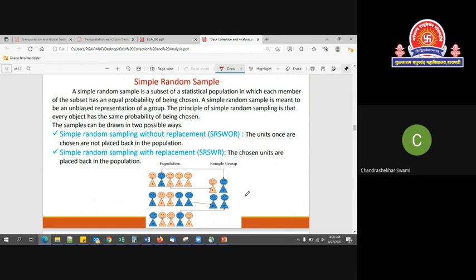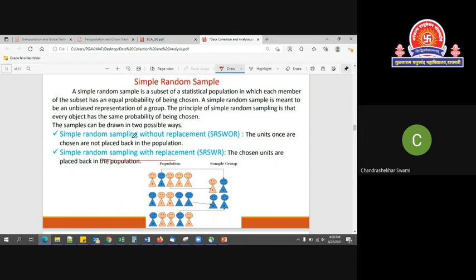We are not going to discuss this method here. Just consider that each and every population unit or sampling unit getting selected in the sample has equal probability. Again there are two types: simple random sampling without replacement and simple random sampling with replacement.